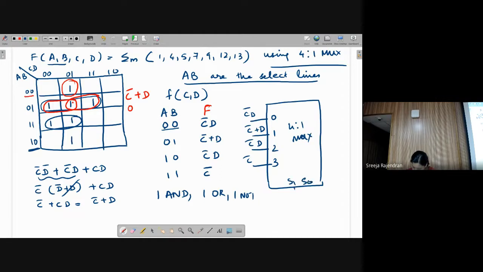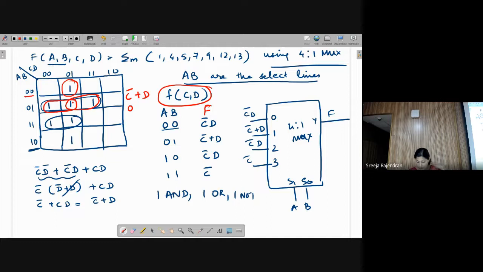S1, S0, I have A and B, and my output Y will be F. As I mentioned first itself, when we take A and B as the select lines, because it's a 4 to 1 mux, I have to take the select lines as AB.